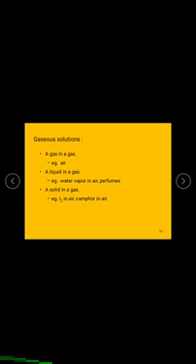A gas in gas: the example is air. Nitrogen is in excess amount and acts as the solvent. Other gases act as solutes.